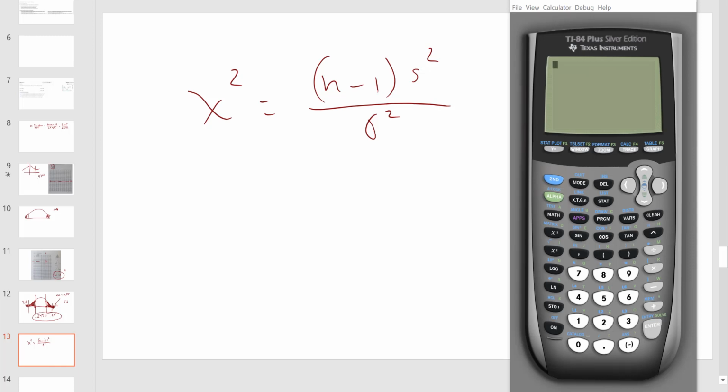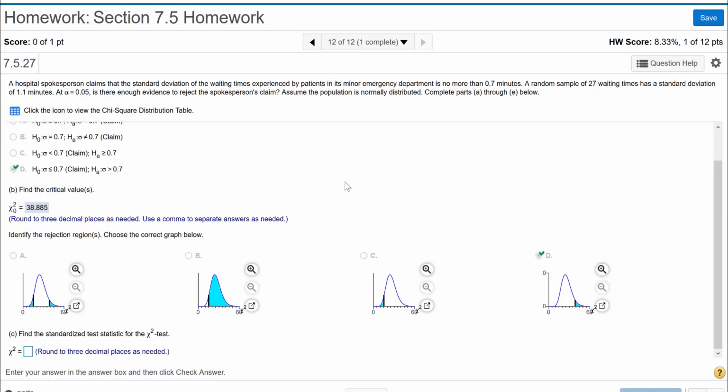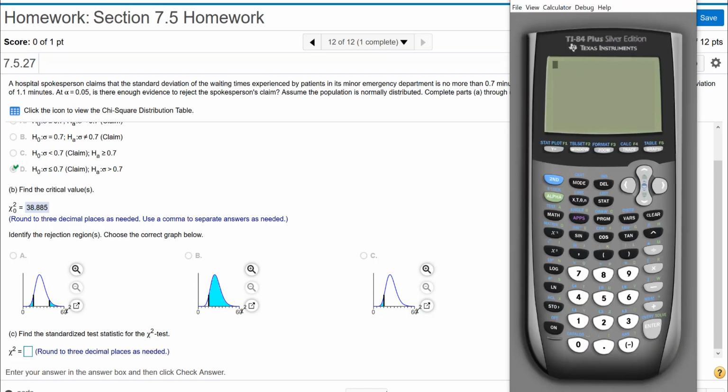Alright, and then let's plug in the values here. Let me go back real quick. I think we had 27, right? 27. So degrees of freedom would be 26. The claim is 0.7, and what we got is 1.1. Okay, let's jump to this one here.